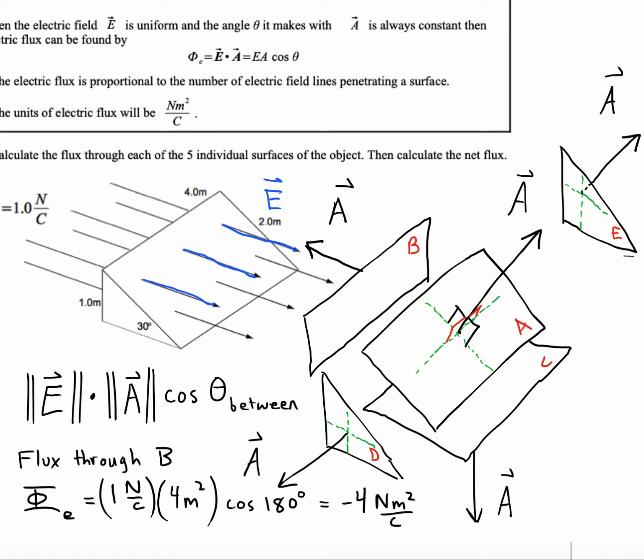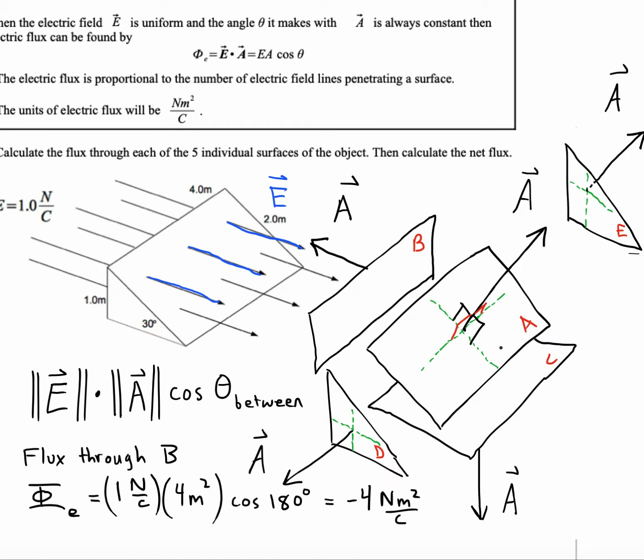Now, what does the negative signify? It signifies that field is flowing through an area or into a volume. That's what the negative denotes. Now, it's going to be a little tougher to find the flux through A. The field lines will just continue going in the direction that they're going.